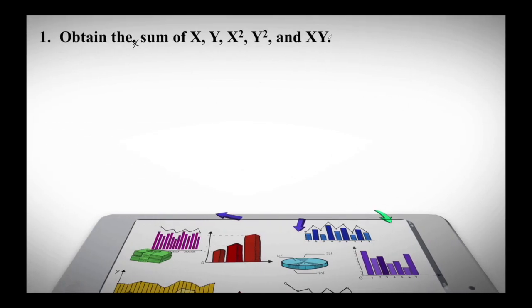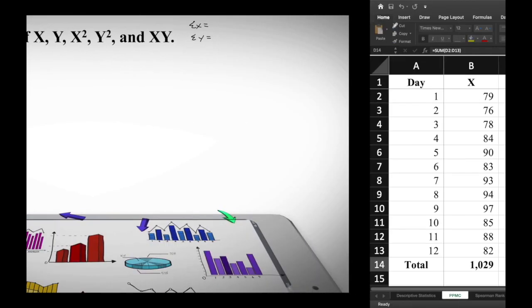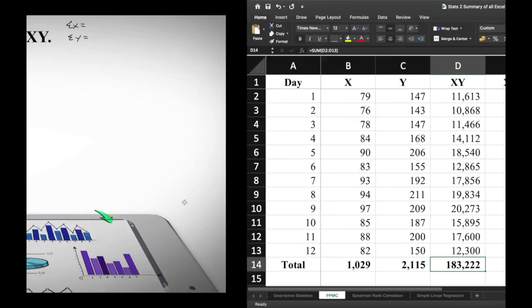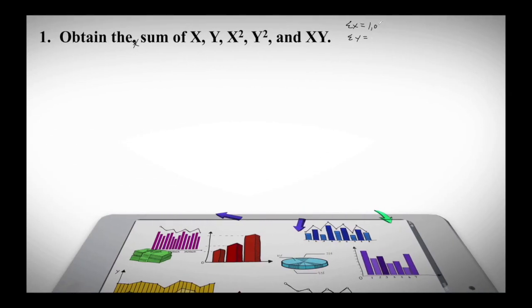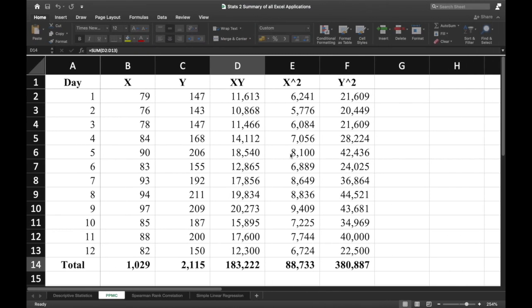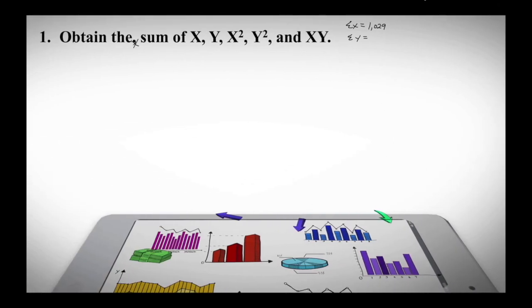So, let's have here summation of x, y, x squared, and y squared. Summation of x is 1,029. Summation of y, we have 2,115. Then, next we have summation of x squared and summation of y squared.